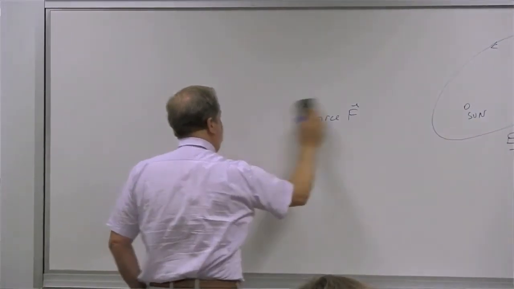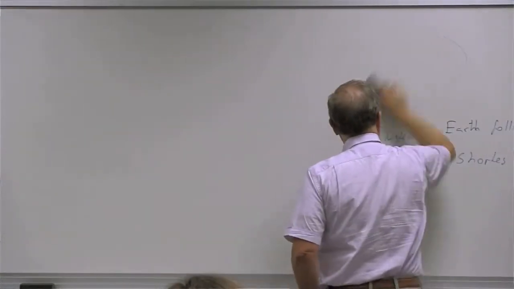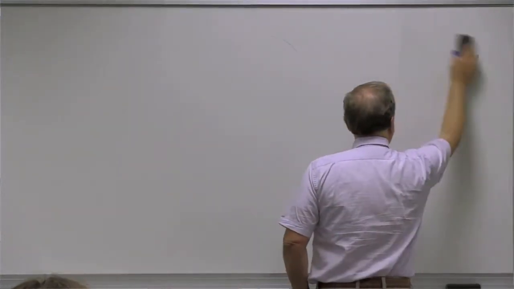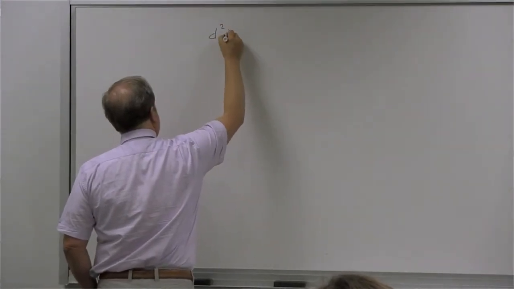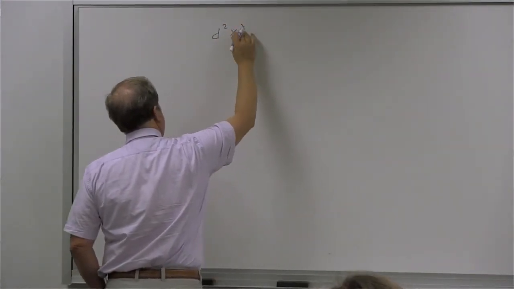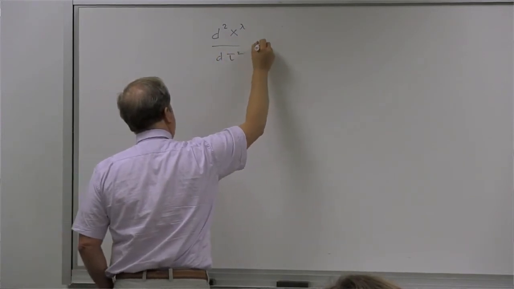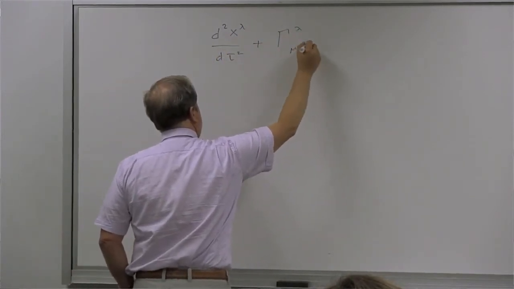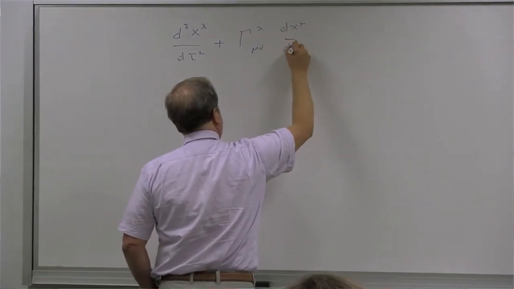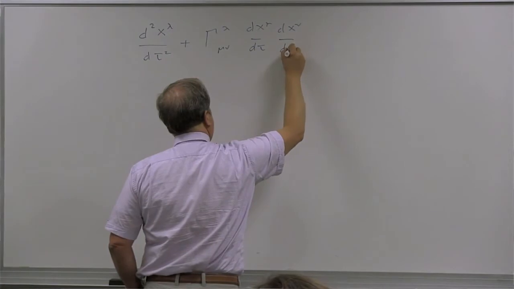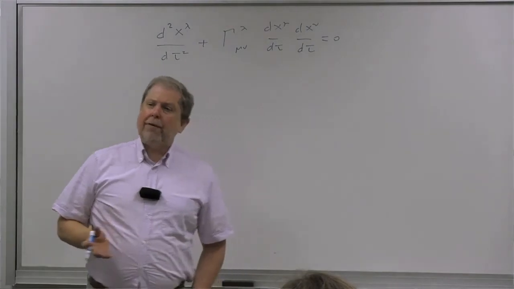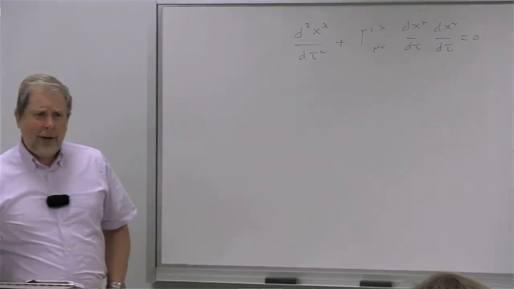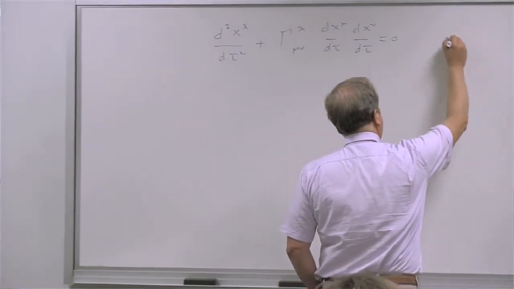We have postponed some physical interpretation of our equation for free fall. The equation of free fall is that the second derivative of dx lambda with respect to d tau squared plus gamma lambda mu nu, dx mu by d tau and dx nu by d tau, is equal to 0. This is the equation for free fall, or the equation for the geodesic trajectory.